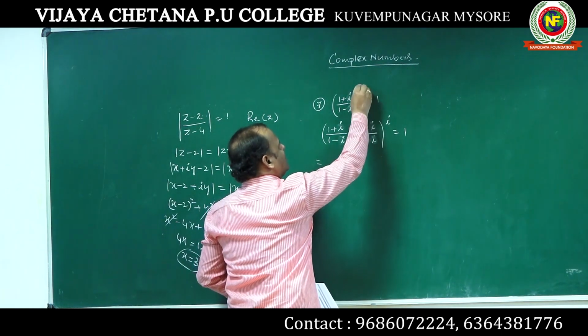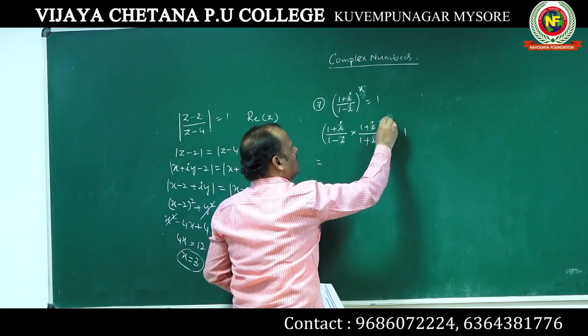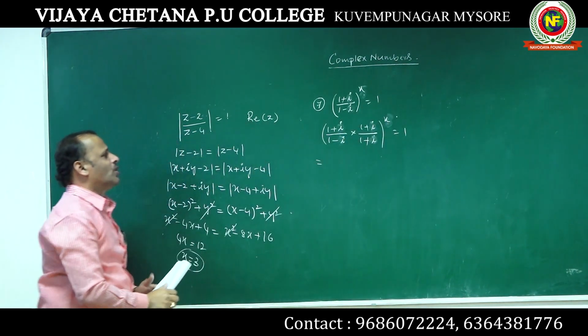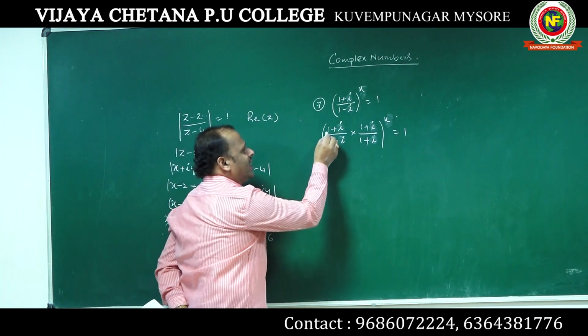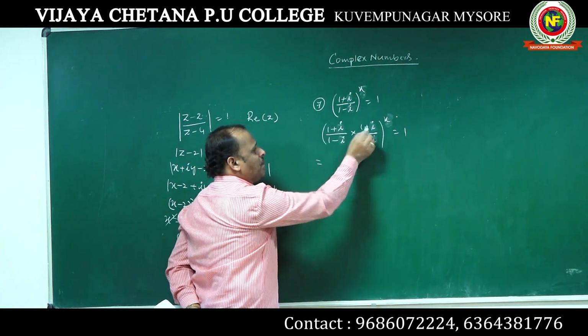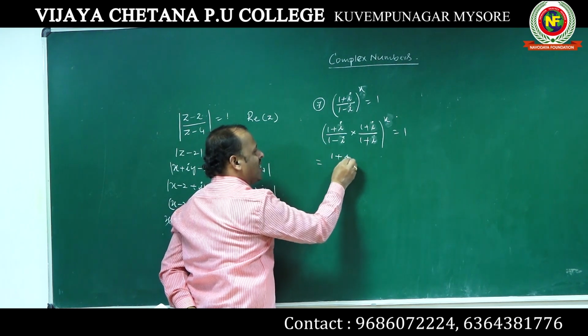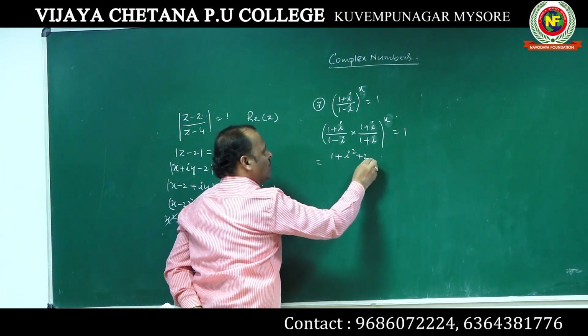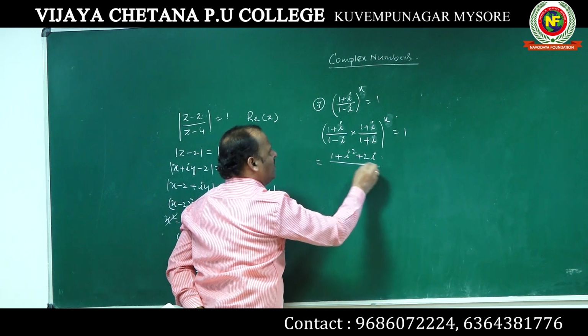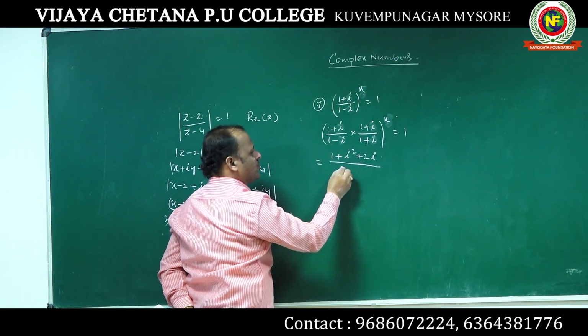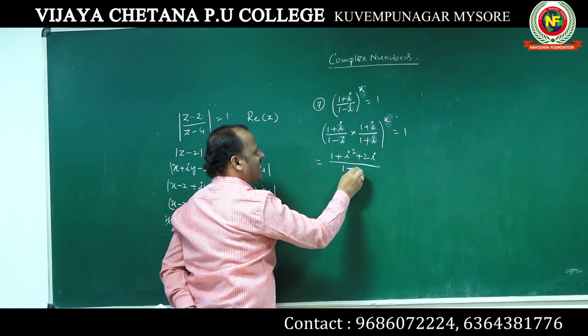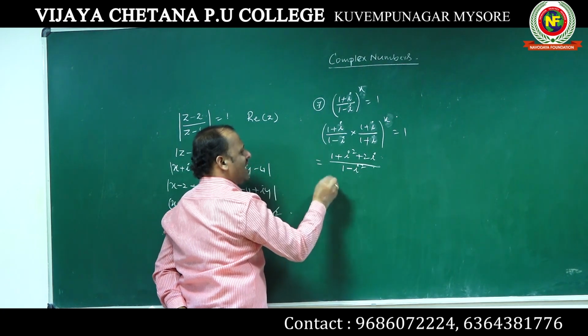This is x. Now here it is in the form of a plus b whole square: 1 plus i square plus 2i divided by a square plus b square, 1 minus i square.